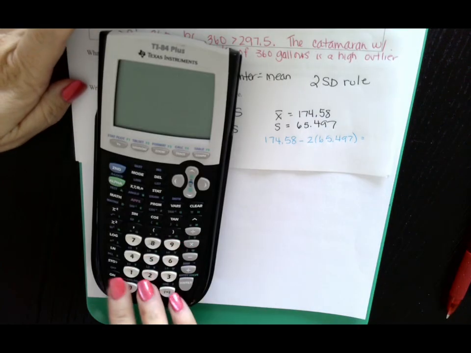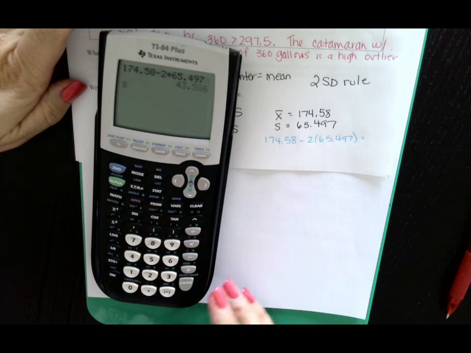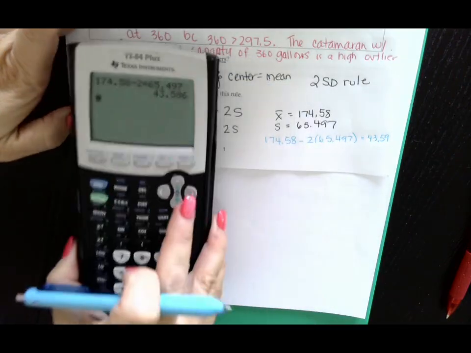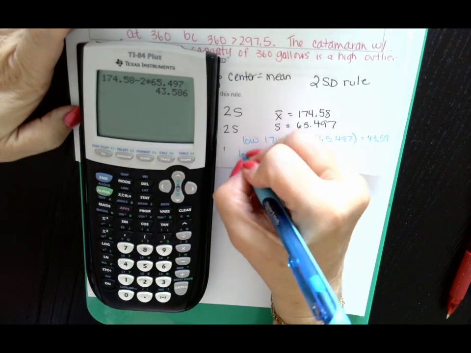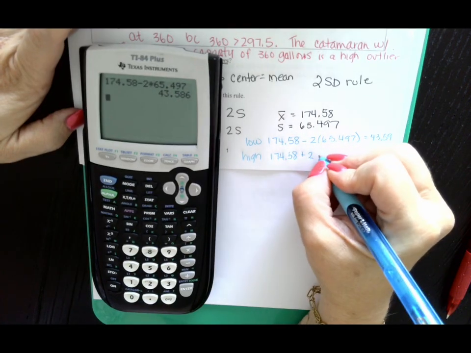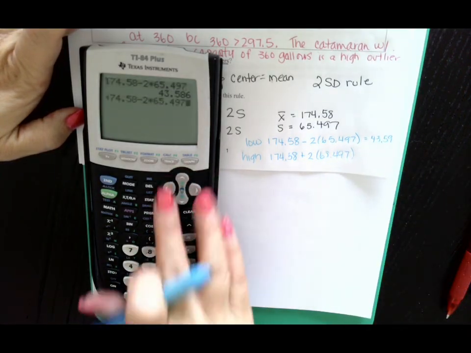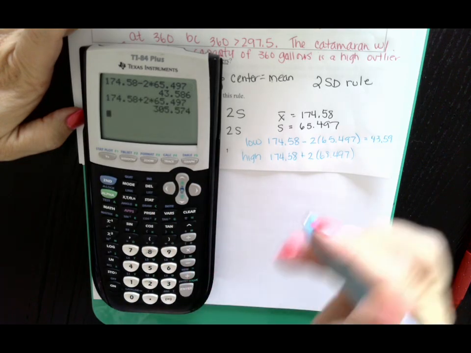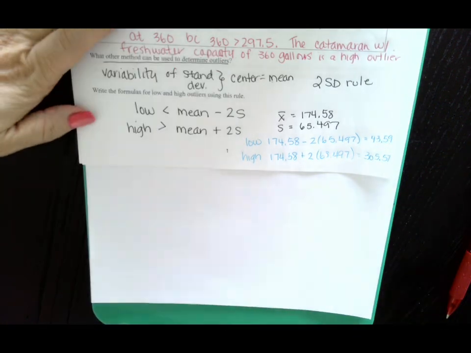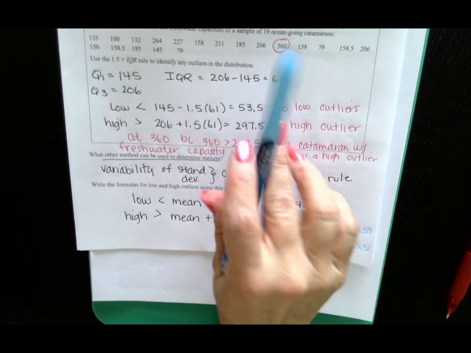And what I get here is 43.59. So this would be my low. If I look at my high, I would have 174.58, using the same numbers, plus 2 times 65.497. Same formula, but this time I'm adding, and that tells me that it happens at 305.57. So if I look back up here at my data again, the only value that hits that is 360.